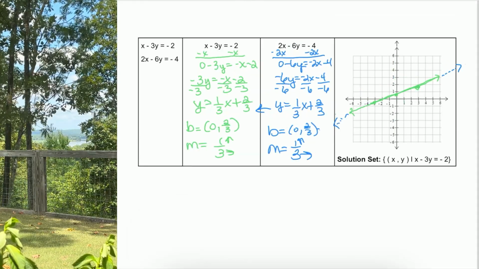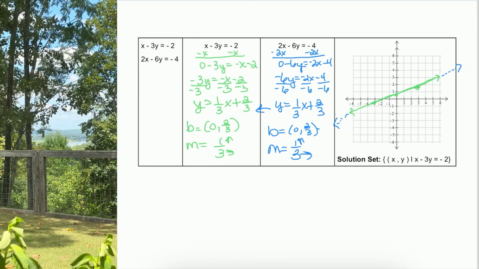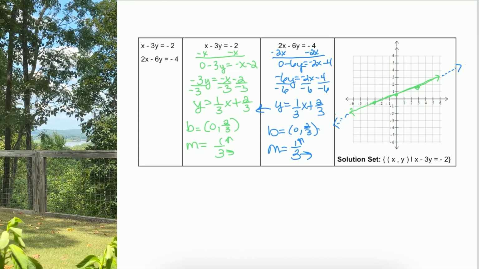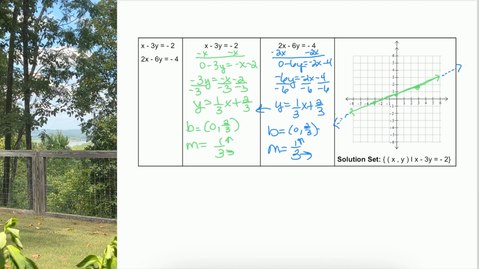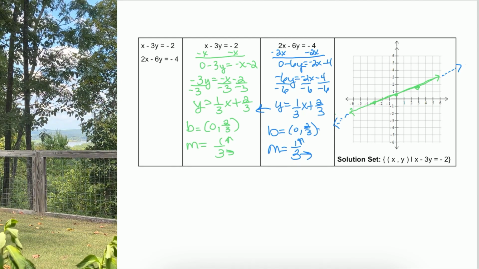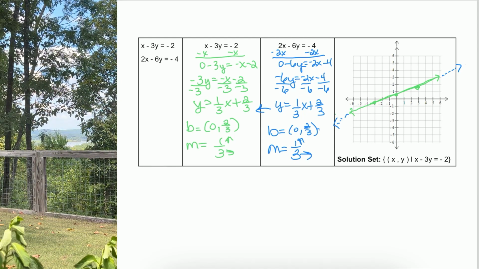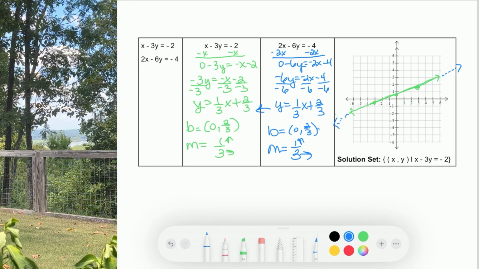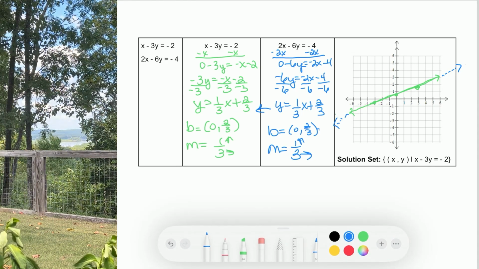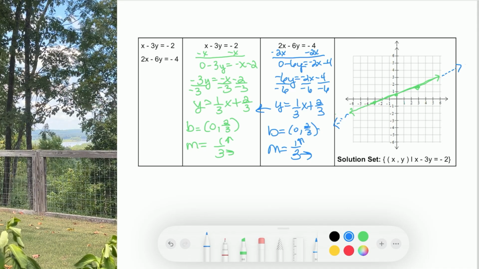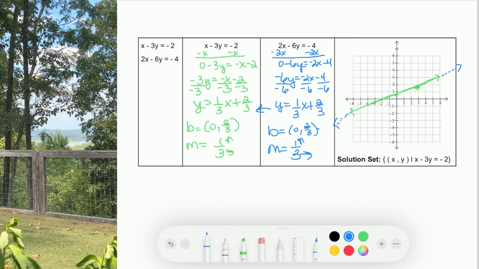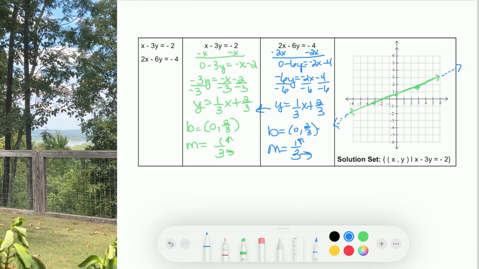Now let's enter our solution set. So previously in the one just above, our solution set was no solution because we had parallel lines that never touch. They don't share any coordinates. In the one we're working on now, it's the same line. So they basically share all coordinates. They have an infinite possibility of solutions.